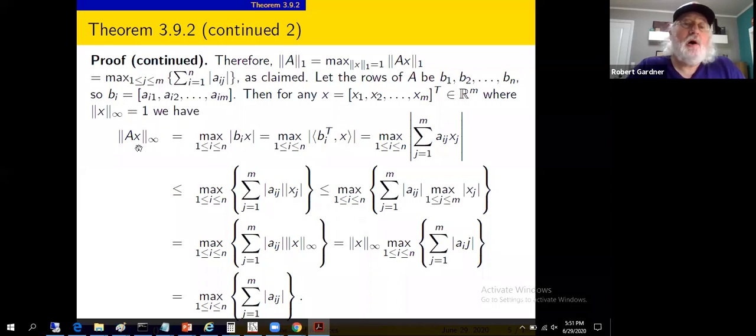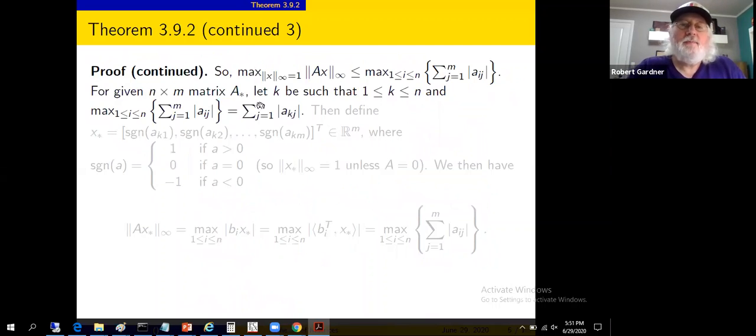We've shown all vectors satisfy this inequality. We're going to choose a maximum over here. Well, how big can you make it? You can't make it bigger than this thing here. That's what we just established. We can make it equal to it with a clever choice of a unit vector x, just like we did in the previous one. So we've established that the maximum over all unit vectors with respect to the L infinity norm of the L infinity norm of Ax is bounded by this thing here.